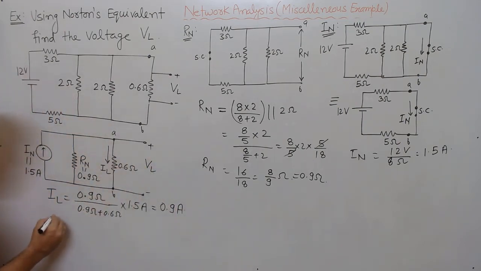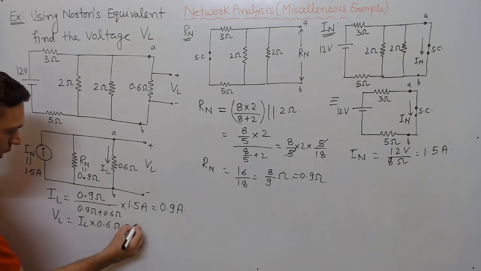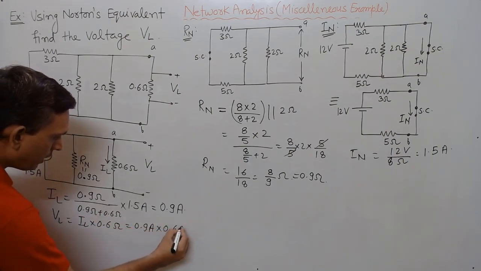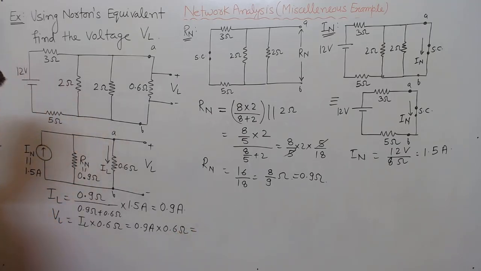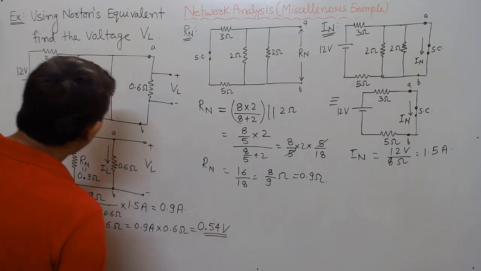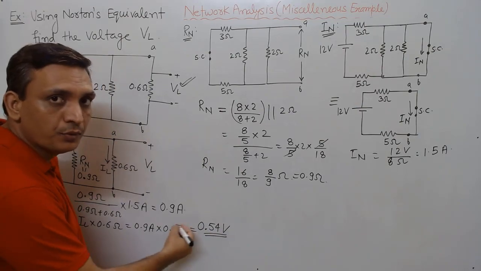And then VL is given by IL into 0.6 ohm, that is 0.9 ampere into 0.6 ohms. So this will be 0.54 volts. So VL is 0.54 volts.